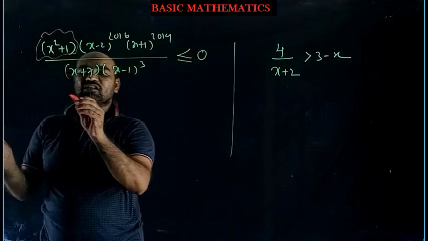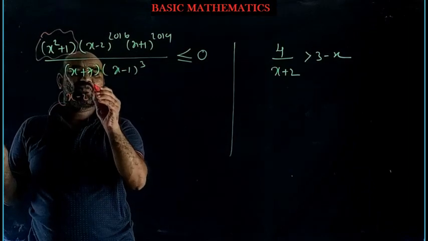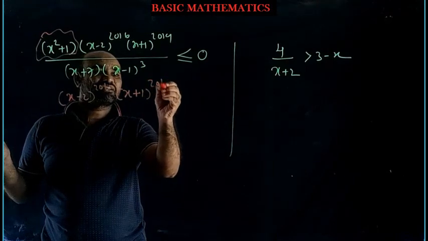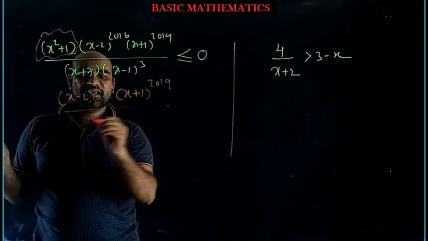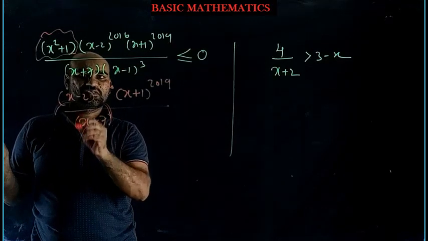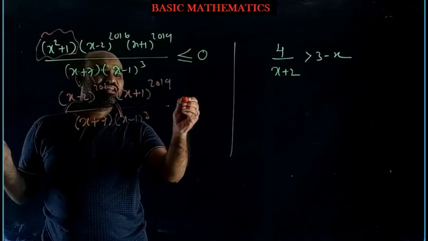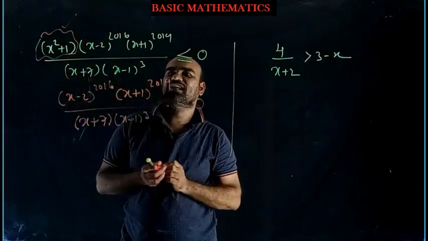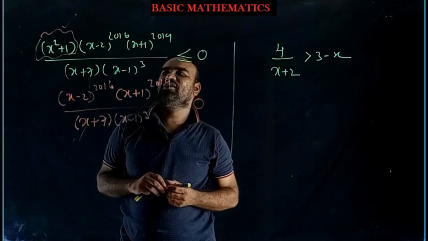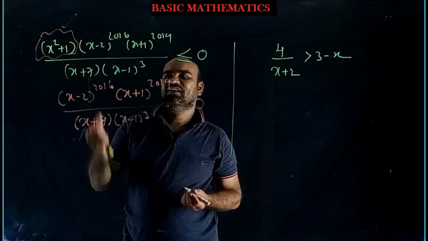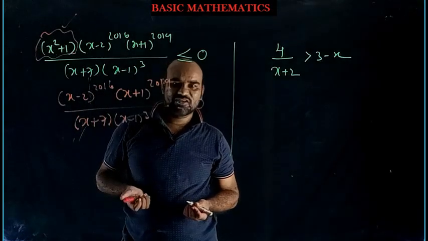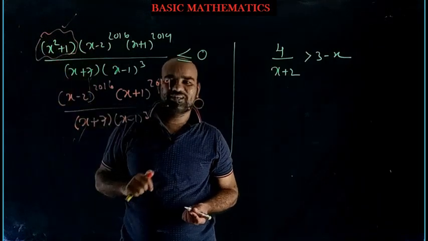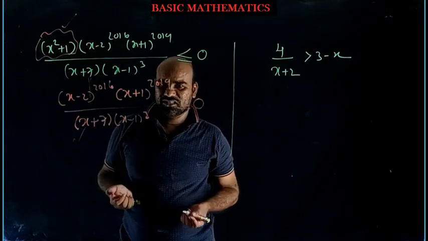So it is better to solve the problem (x minus 2) whole power 2016 into (x plus 1) whole power 2019 by (x plus 7) into (x minus 1) cube lesser than or equal to 0. I just remove this, no problem. I can say that I divided both sides by x square plus 1. Nothing happens to the inequality because x square plus 1 is a positive quantity, so this expression won't affect the solution of the given inequality. That's why you can remove it. That is not a big problem.